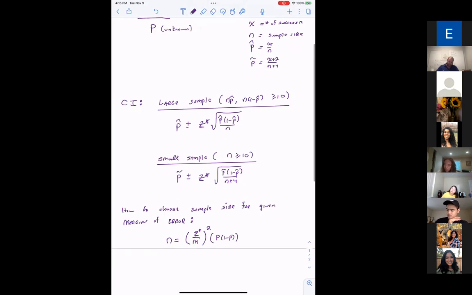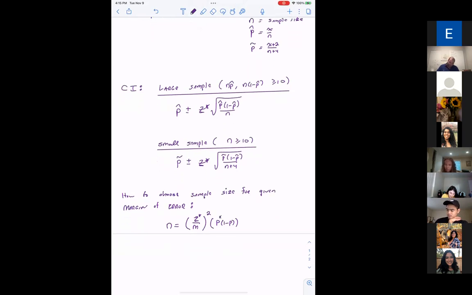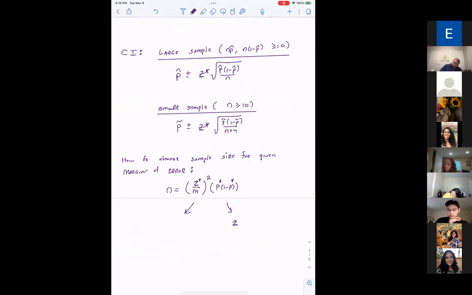Well, there are two choices here. The book, by the way, labels this as p star, 1 minus p star. Option 2 is z star over m, squared, times 1/4. And option 1 was to do what? Option 1 was to use what for p star?